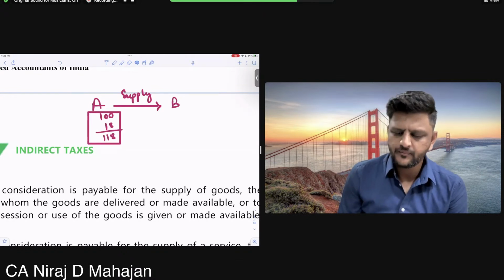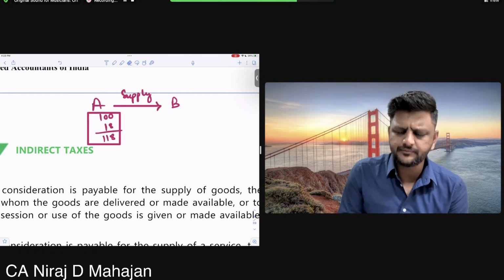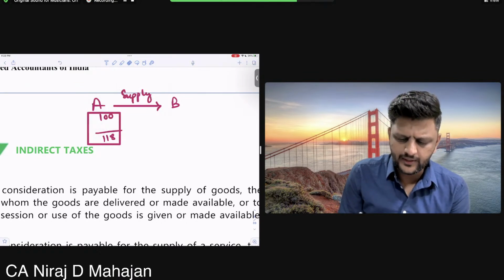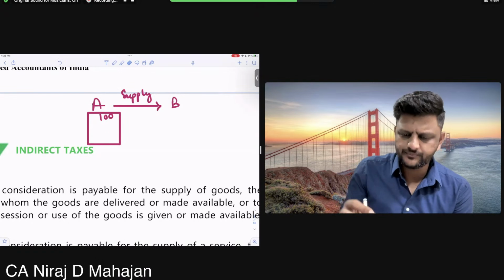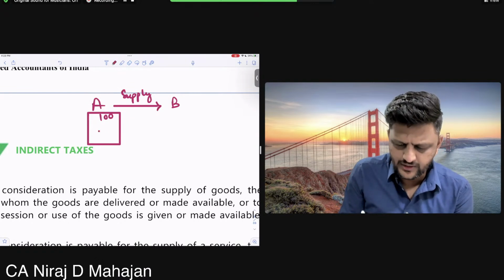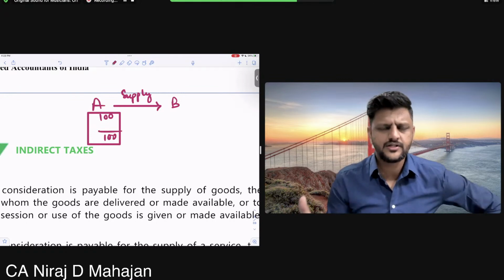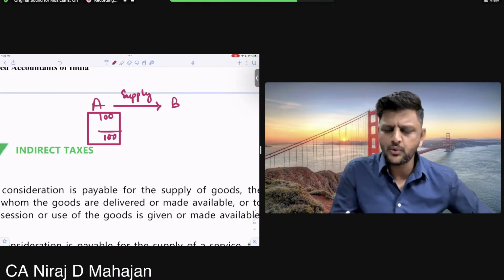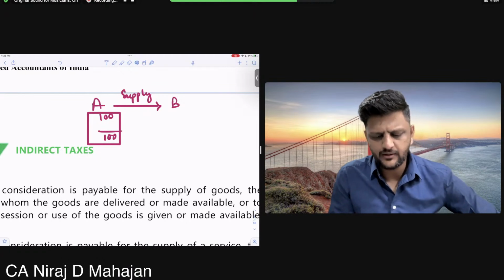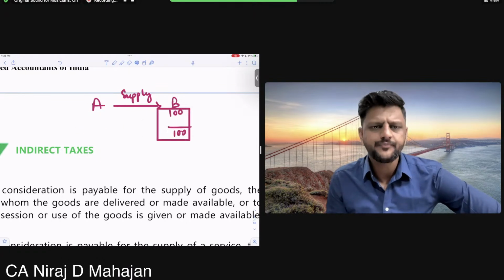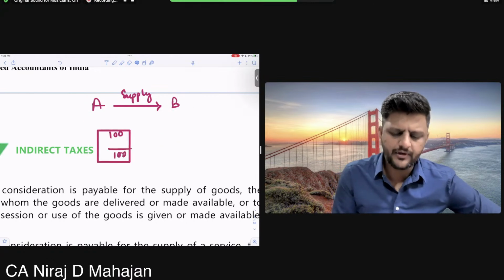But when A makes a supply of 100 rupees only, his invoice amount is 100 rupees only. He is not charging any tax for the transactions which we are going to see in some time. So the invoice value from A to B is 100. B is also going to pay him 100 only, no doubt about it.